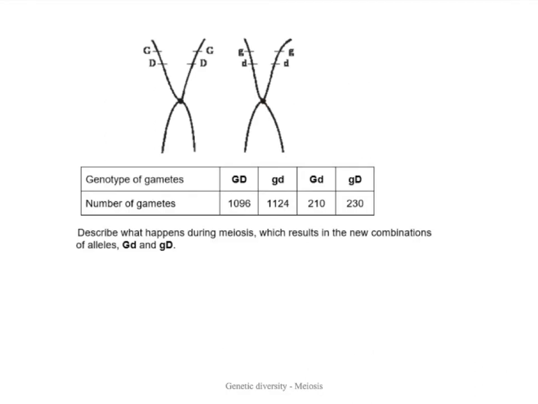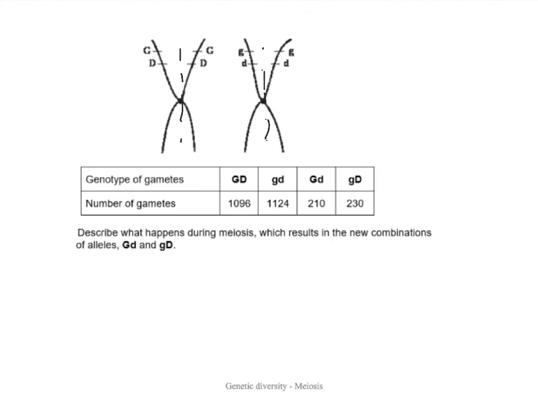This question is a bit different. So if we just have one pair of homologous chromosomes, what would you expect to happen? Well, if you imagine that eventually you're going to split the chromatids apart in the second division. So in the first division, this chromosome went to that pole, in the first division this chromosome went to that pole.